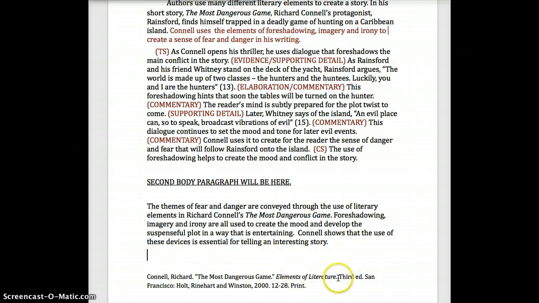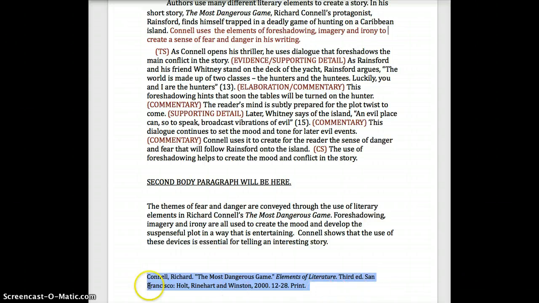Now, the other thing that you must include in your essay, since you have quoted examples for your supporting details, you have to include the bibliographical reference of the book that you use, whether it's your literature book or a copy of a novel that you're reading, whatever.